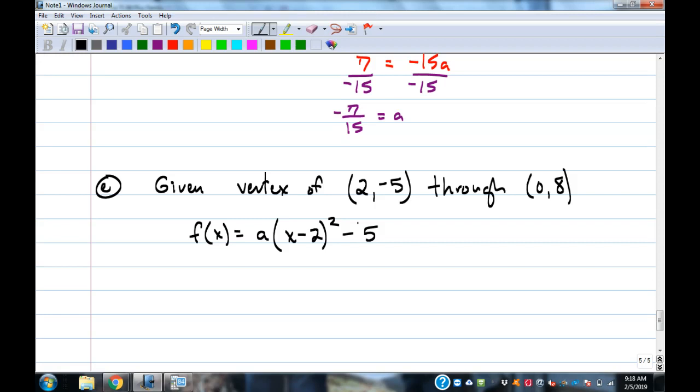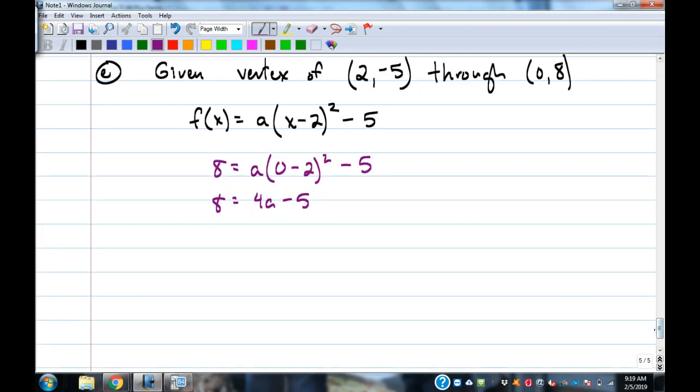Now, how do we use (0, 8) to fix this problem? Plug it in for x and y. 8 is y. We don't know what a is, but we know x would be 0. So 8 equals 4a minus 5. We solve that equation. 13/4 is equal to a.